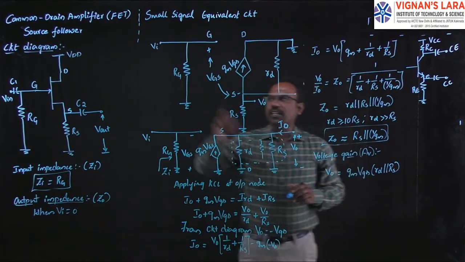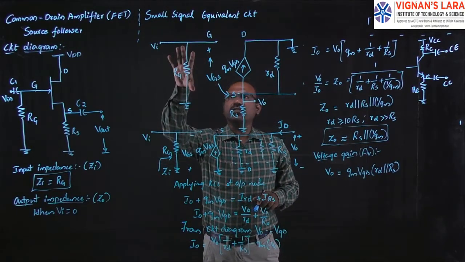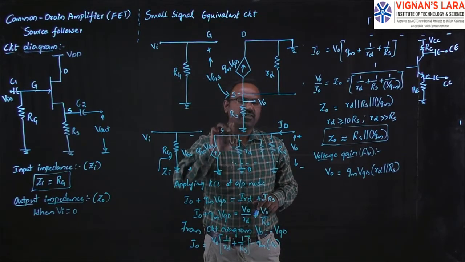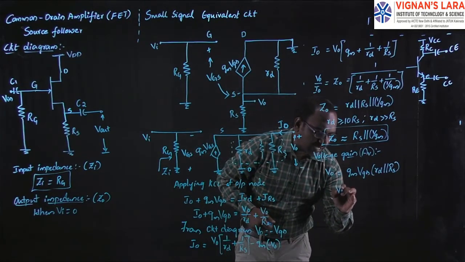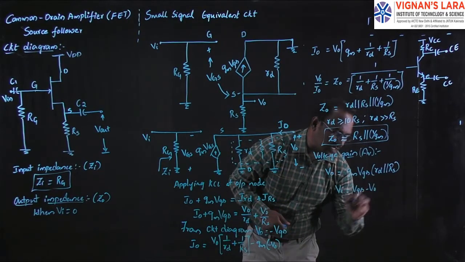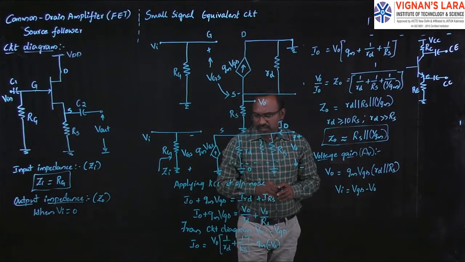So now for this loop, if I write KVL, you will get Vi equal to VGS minus V naught.